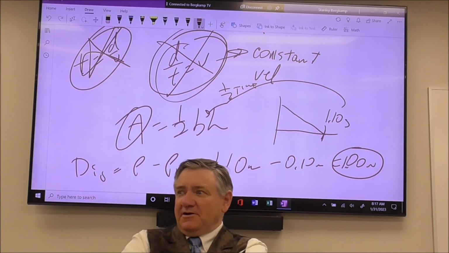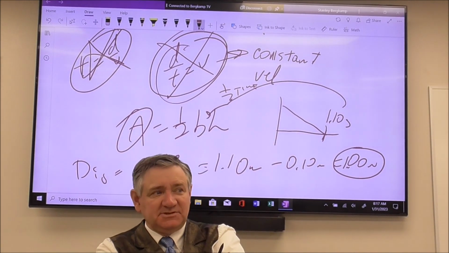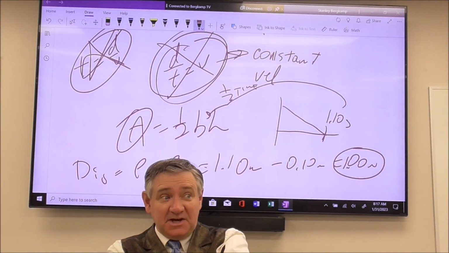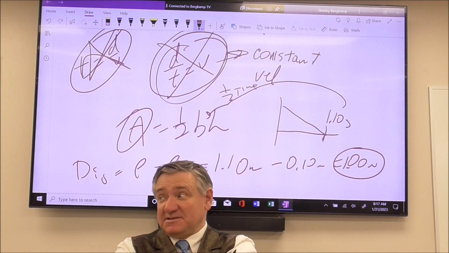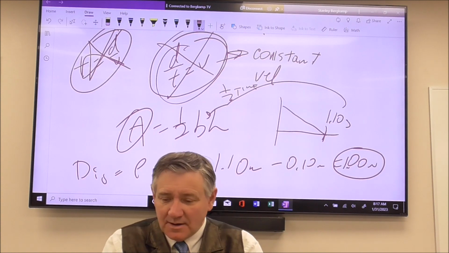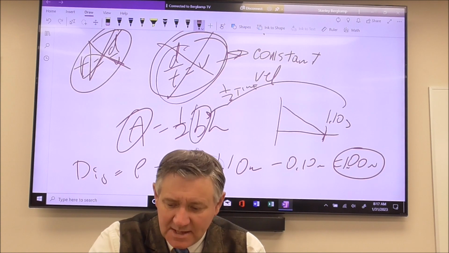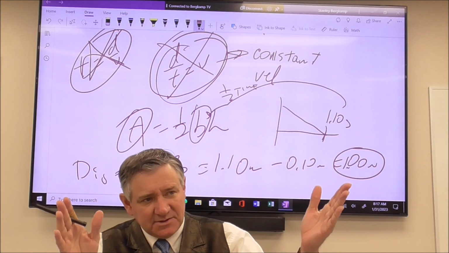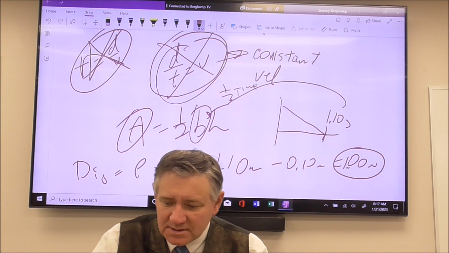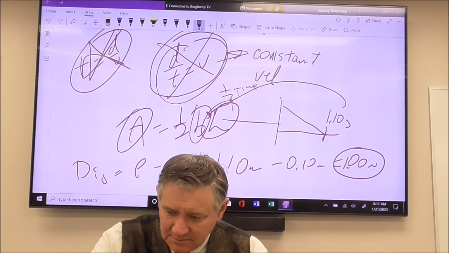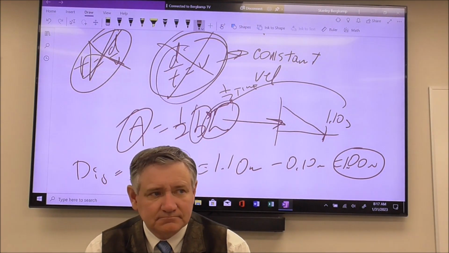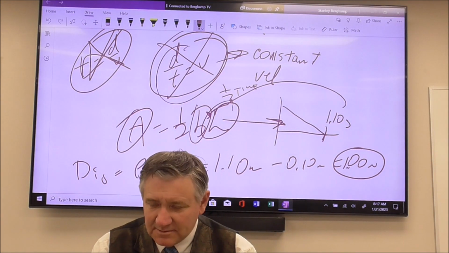So I'm going to know my area. That's cool. So now I'm going to know the area of the triangle because I know my displacement, because that's what that represents. I want to know the base because I'm going to know how much time it took to happen. So what does the h represent? The height.